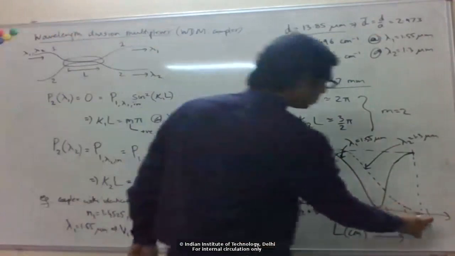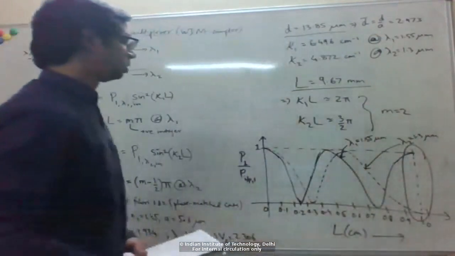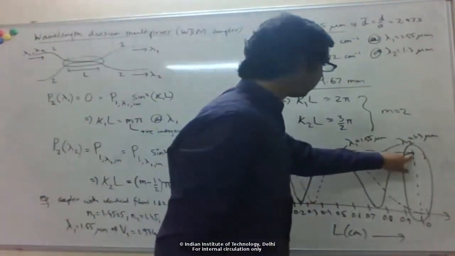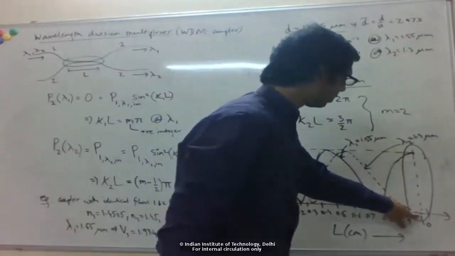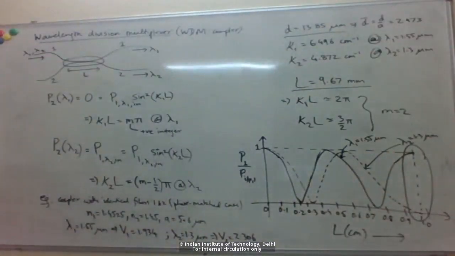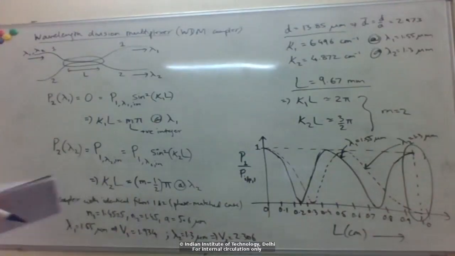So at this length of 9.67 millimeter, for lambda 1, the entire power comes out of port 1, and for lambda 2, the entire power comes out of port 2.